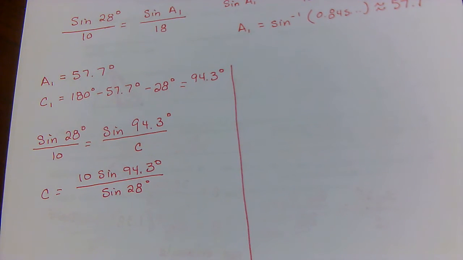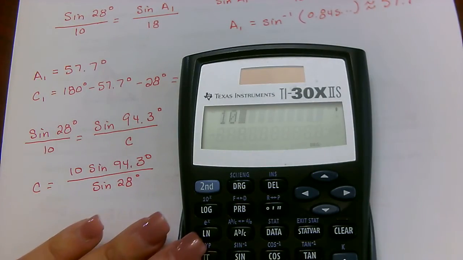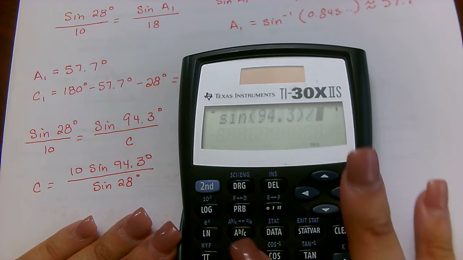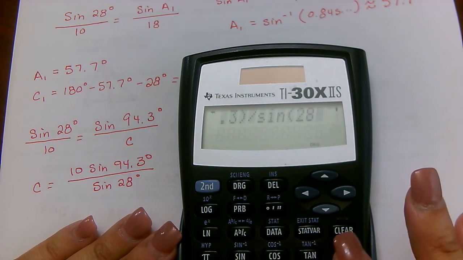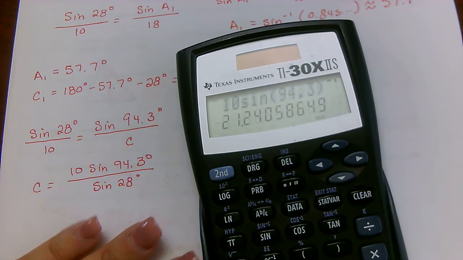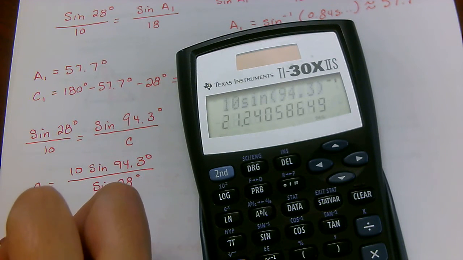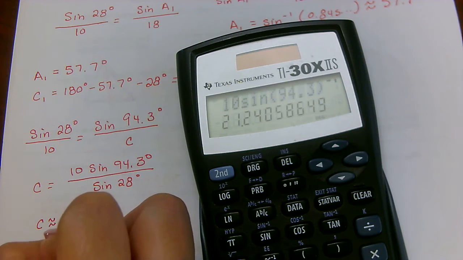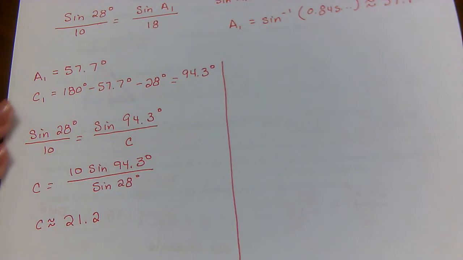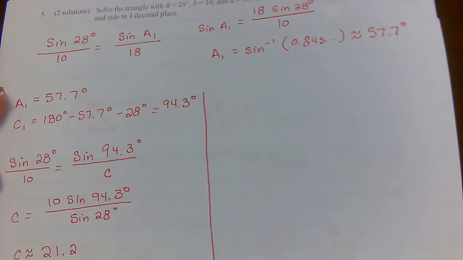Okay. I'm going to go ahead and plug this into the calculator. 10 sine 94.3 divided by sine of 28. Okay. And C is going to be equal to approximately 21.2. All right. This is the completion of my first triangle.